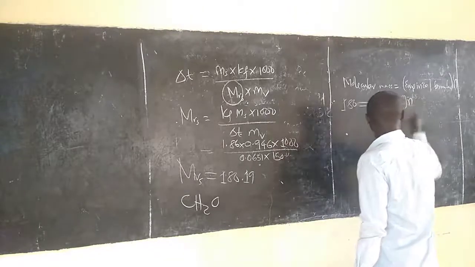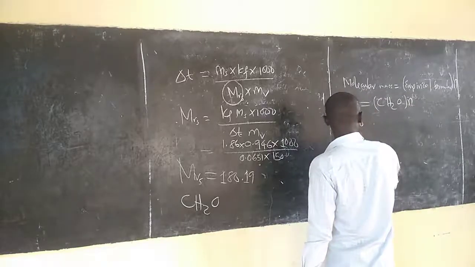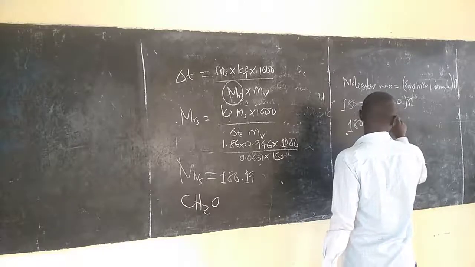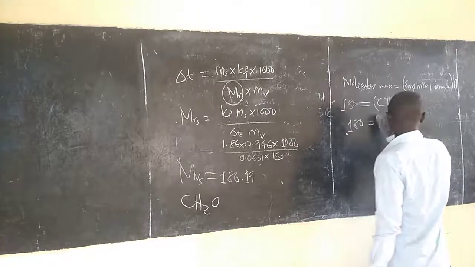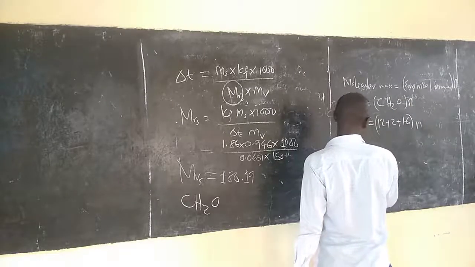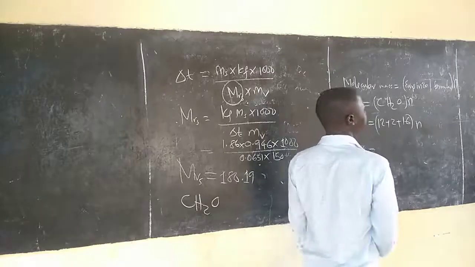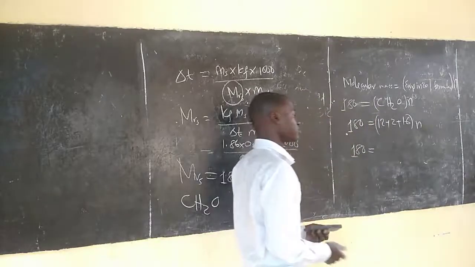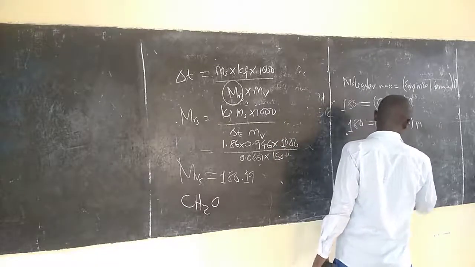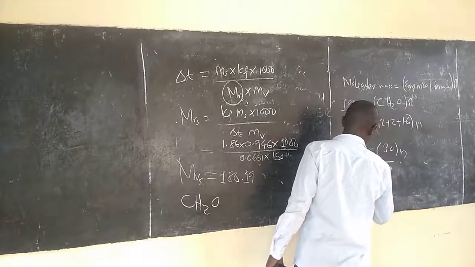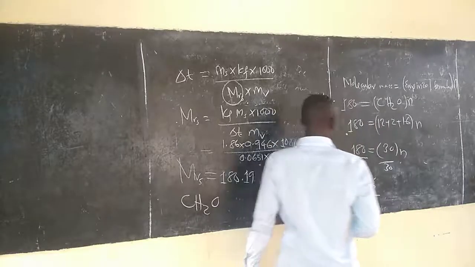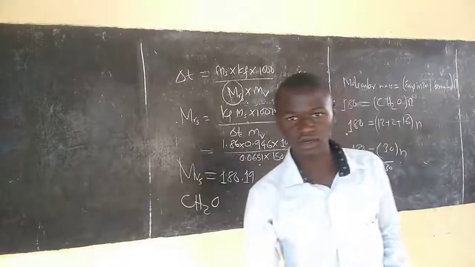So from there the molecular mass, which is 180, is equal to CH2O times N. 180 is equal to 12 plus 2 plus 16 times N. Here, 14 plus 16 is 30. So 180 divided by 30 equals N, so N is equal to 6. Once N is 6, we calculate the molecular formula.